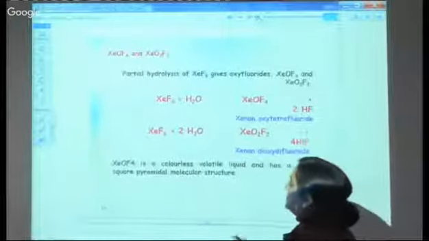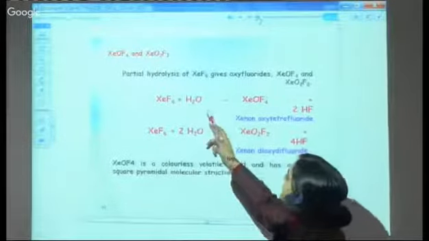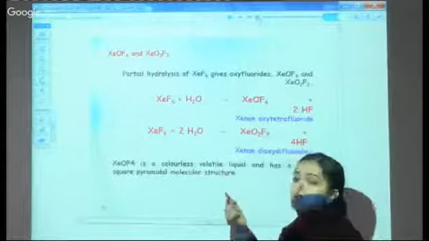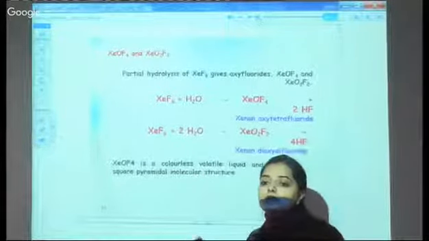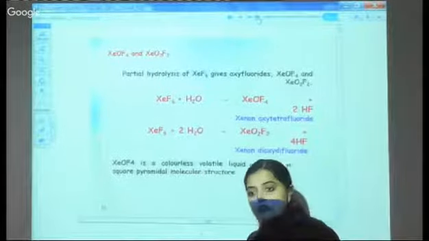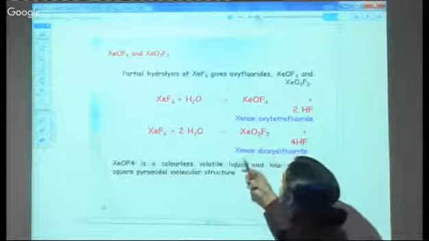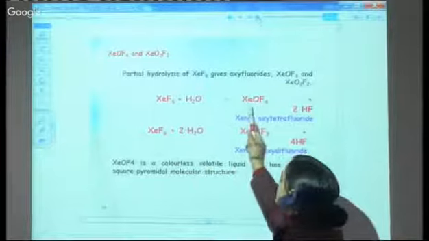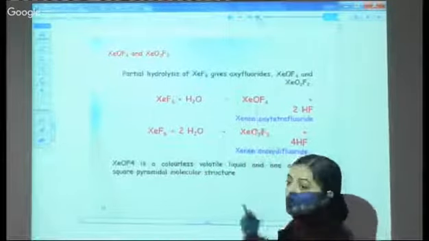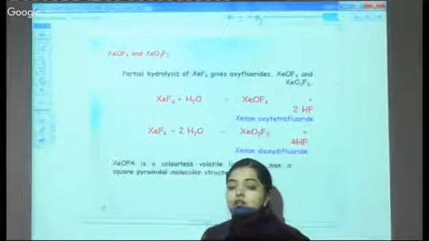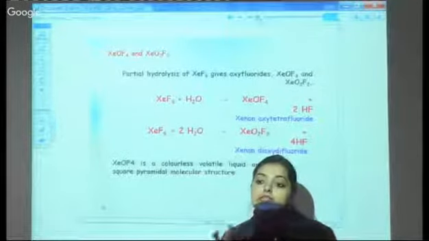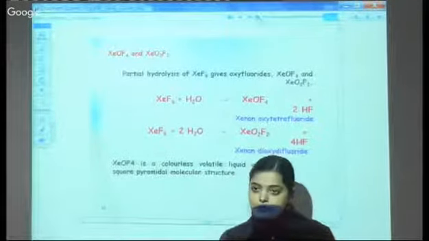Okay. So XeF6 in water, many a times partial hydrolysis of XeF6 also takes place. Partial hydrolysis means not in excess of water, a little amount of water, and the hydrolysis does not lead to XeO3 formation. It also gives you XeOF4. So always remember, in your MCQ, they may ask you what is formed when XeF6 reacts with water.